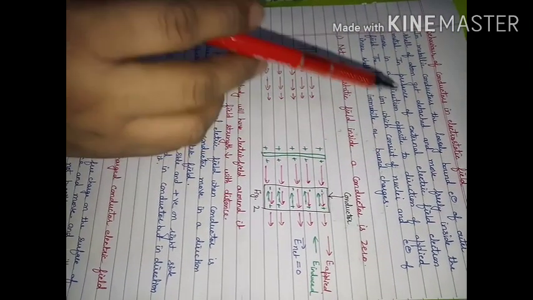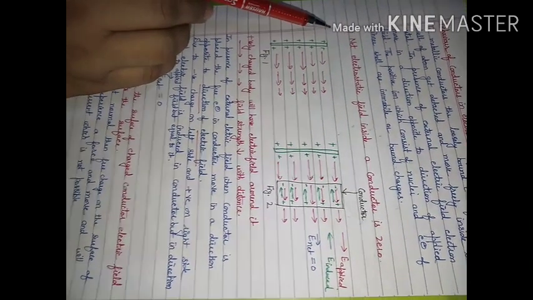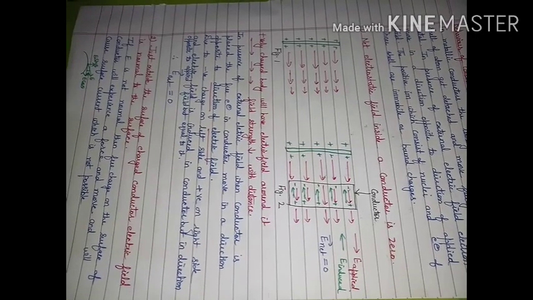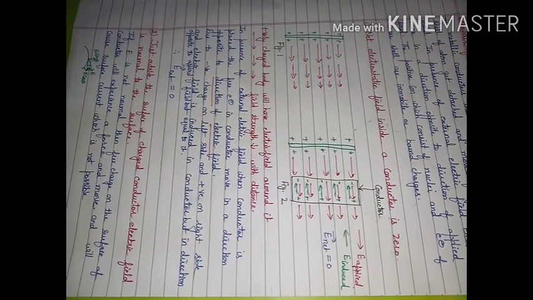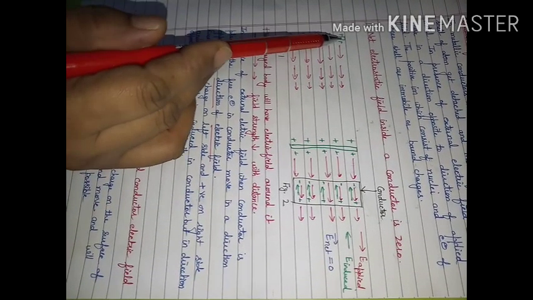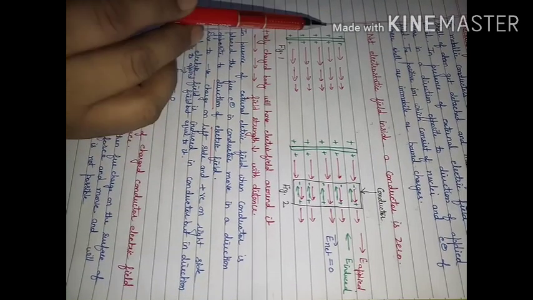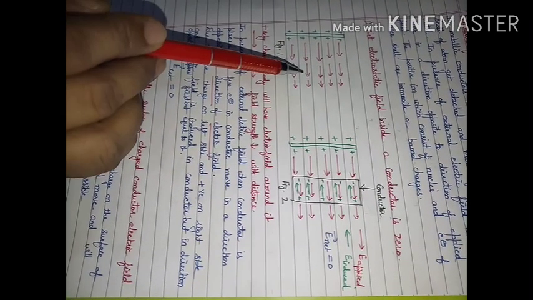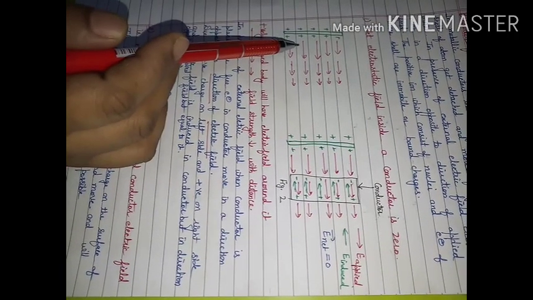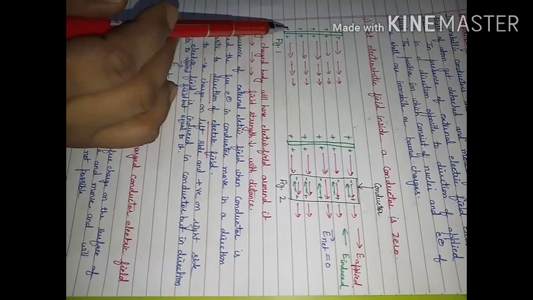Related to this topic, we will consider certain points. The first point we are going to consider: the net electrostatic field inside a conductor is zero. For this we will consider this electric field. We have a charged object, and in the presence of this charged object the space around it is modified, so an electric field is there, and the strength of the electric field reduces as you go away from this charged body.